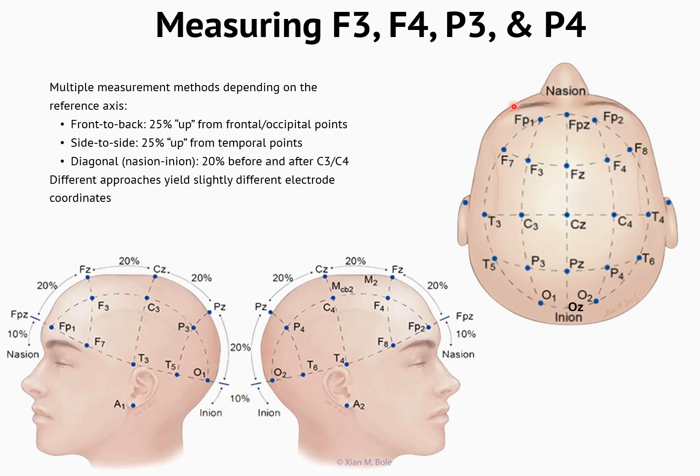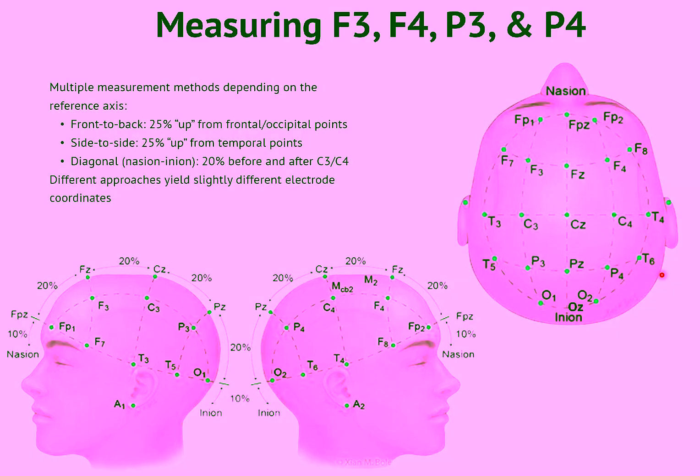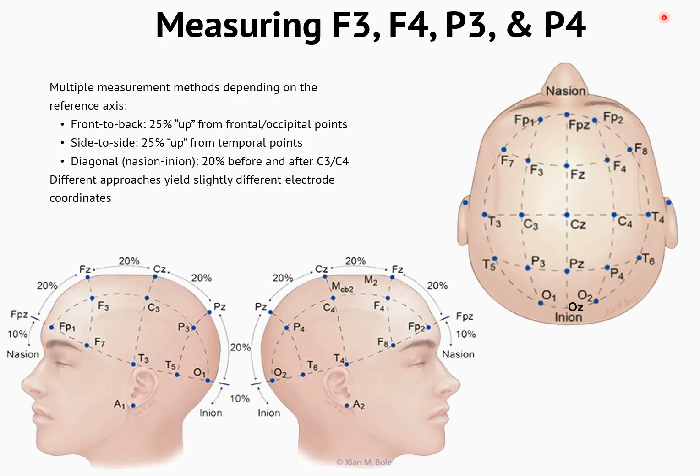Essentially the total distance for each, so the total distance from here and the total distance from here, will be the basis of our percentages. So F3 and F4 are 25% up from F7 and F8 towards FZ, and P3 and P4 are 25% up from T5 and T6 towards PZ.